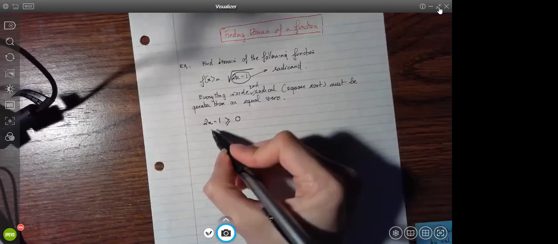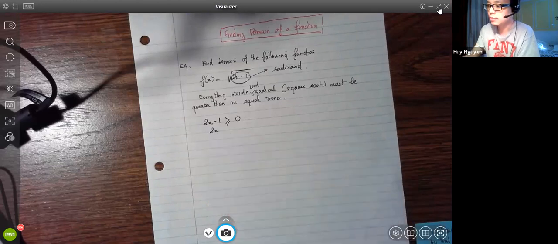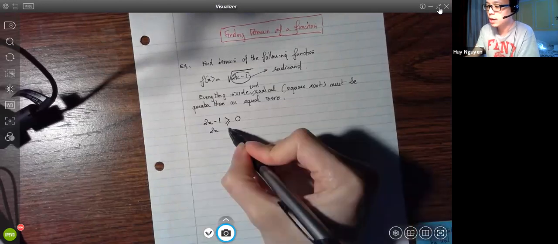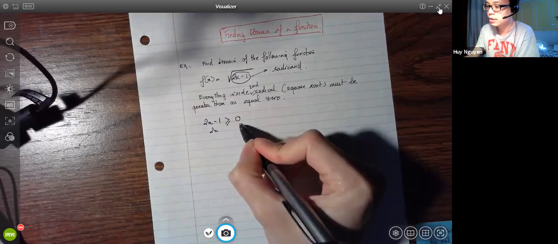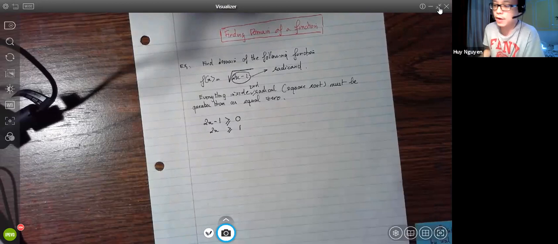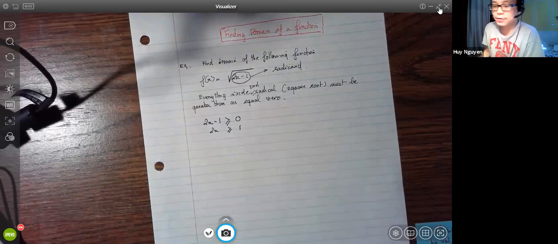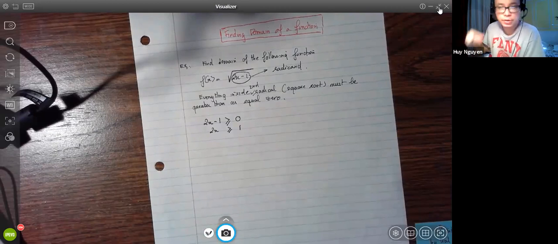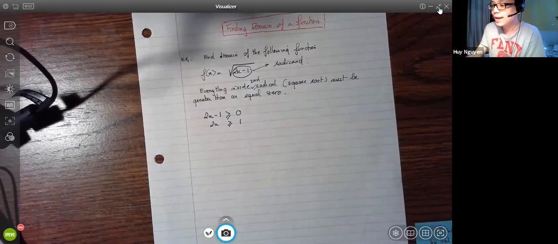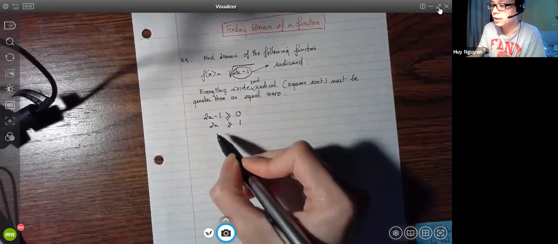So moving negative 1 means we add 1 to both sides, so this becomes 2x greater than or equal to 1. I'm not going to write plus 1 on each side. You can just do it yourself, or do mental math like what I'm doing here. Then we're going to get rid of the number 2, right? Because we need to isolate x itself. So what are we going to do next?